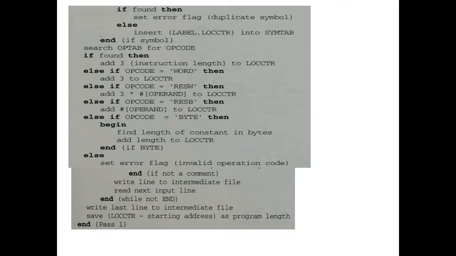You can't store the same symbol name again. Otherwise, if it is a new symbol, you insert it with the label name and the location counter into the symbol table.